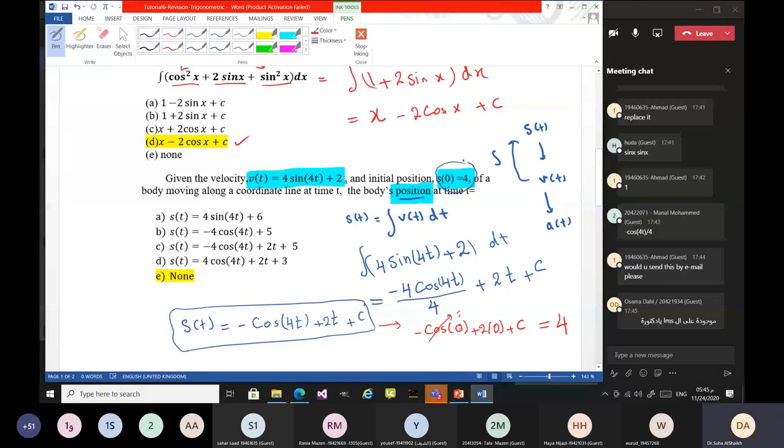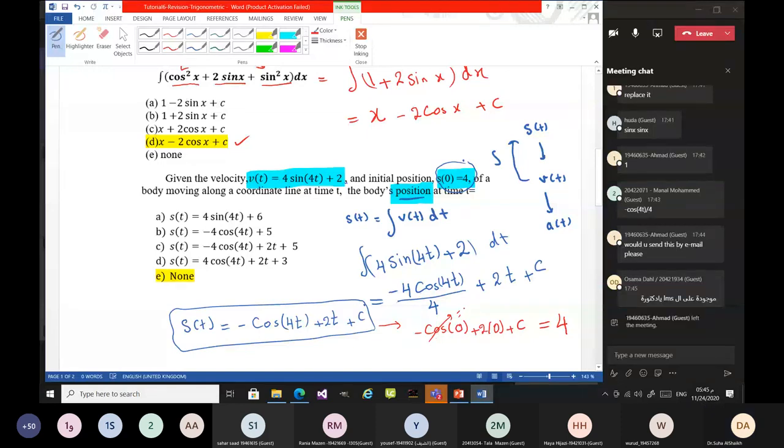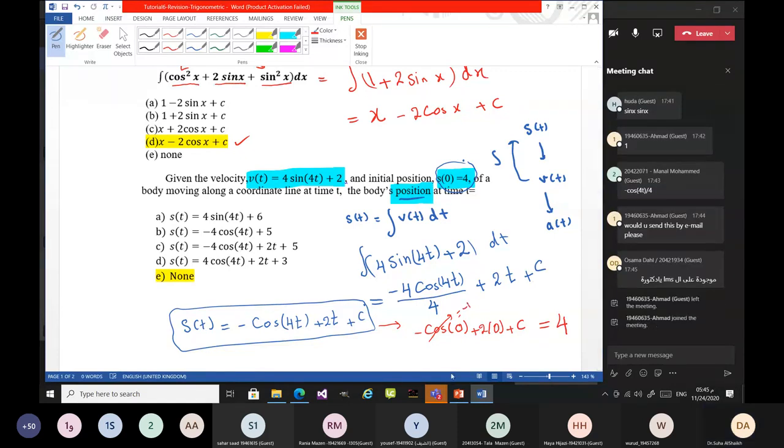It's 1, so I get here minus 1. So minus 1 plus c equals 4, so this will give me that c is equal to 5. So we end up with the 5 here, and the correct answer is C.